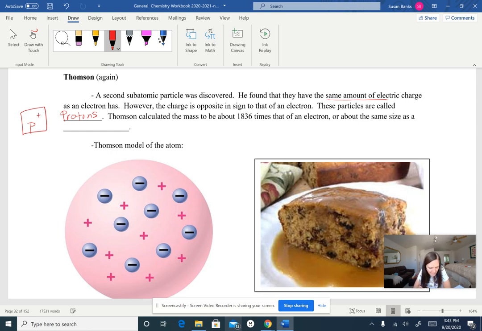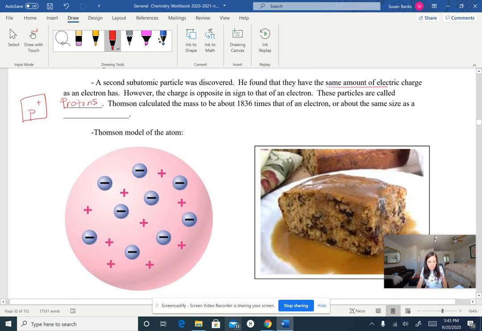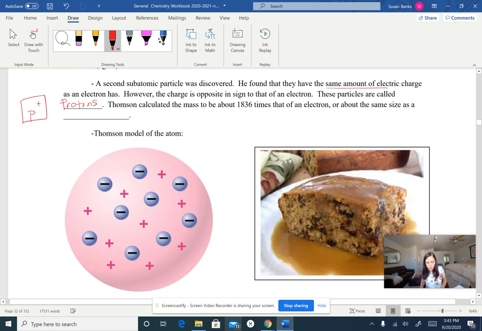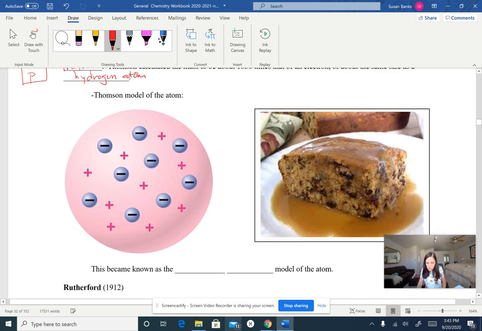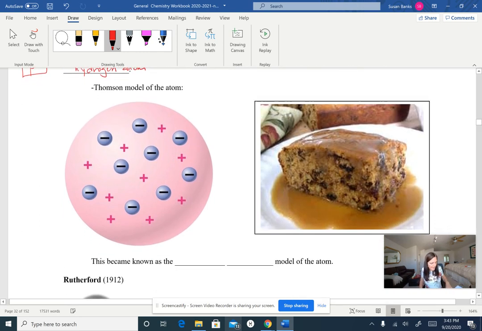Okay, Thomson calculated the mass to be about 1,836 times that of an electron, or about the same size as a hydrogen atom. So we know that the vast majority of the mass coming from the atom is coming from the proton, not the electron.